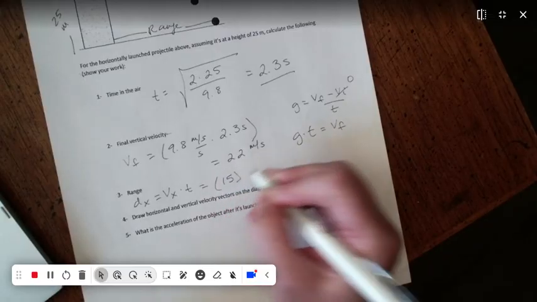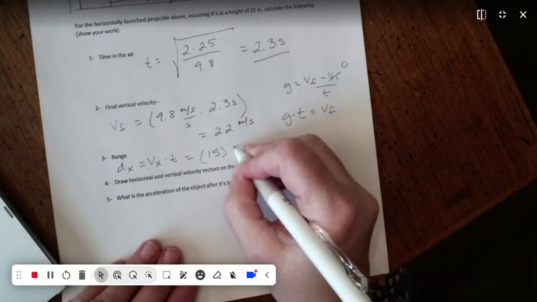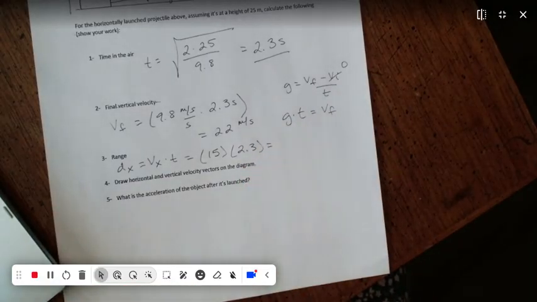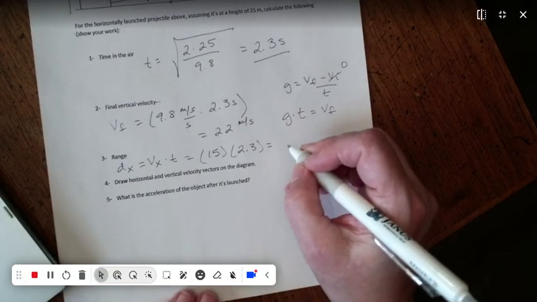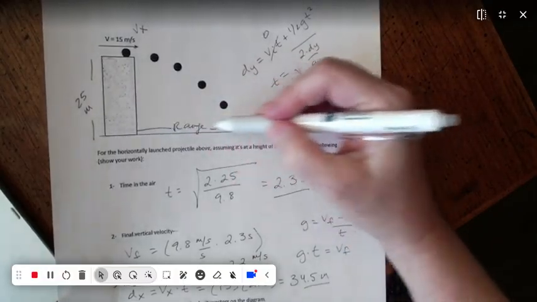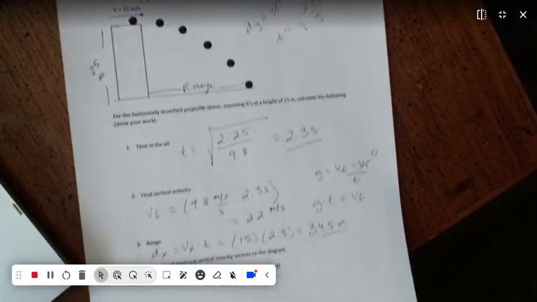So 15, and that was a given here for my horizontal velocity, times 2.3. 15 times 2.3 equals 34.5. Hopefully that's right. 34.5 meters. So it's going to land 34.5 meters from the base of this height that it was launched from.